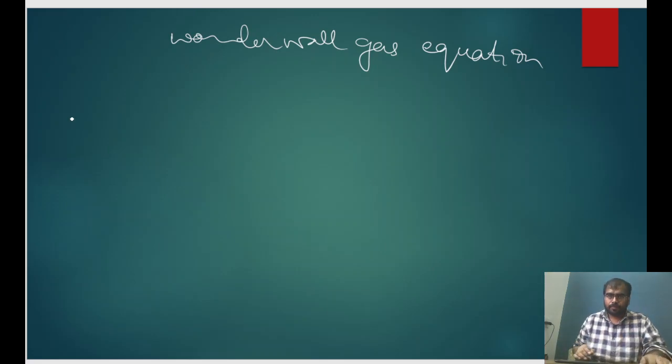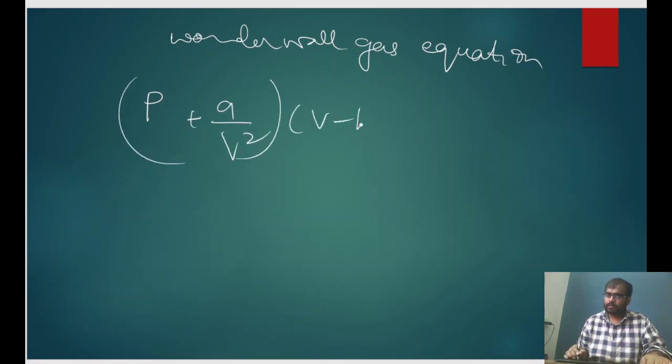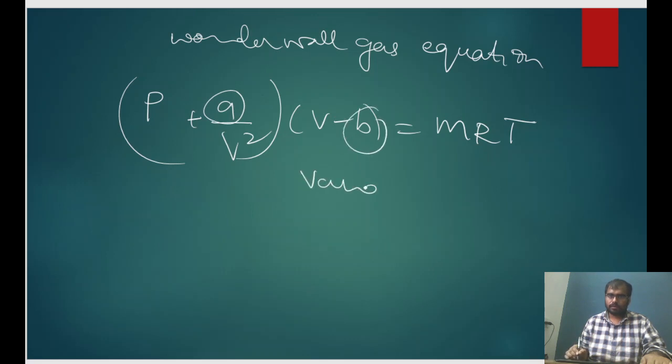(P plus A by V square) into (V minus B) is equal to mRT. So this A and B are van der Waals constants.